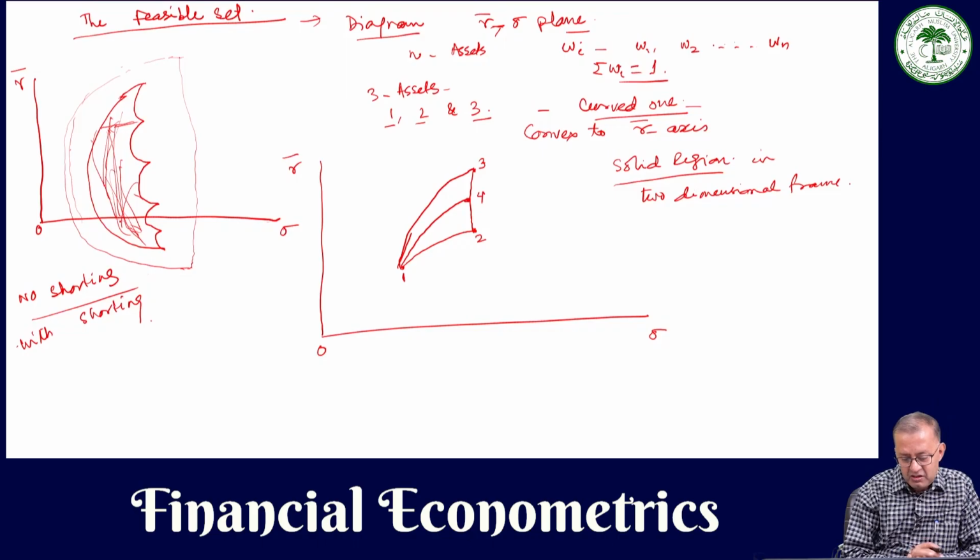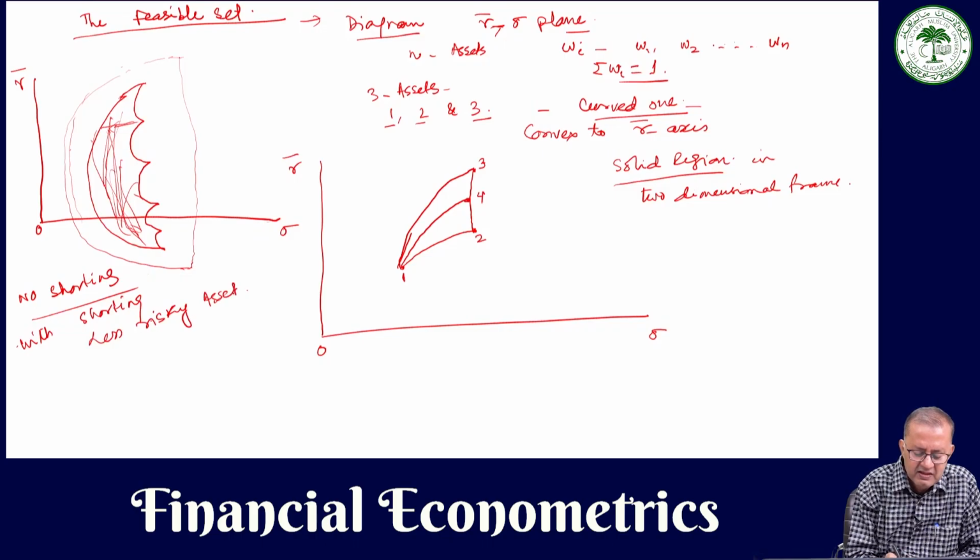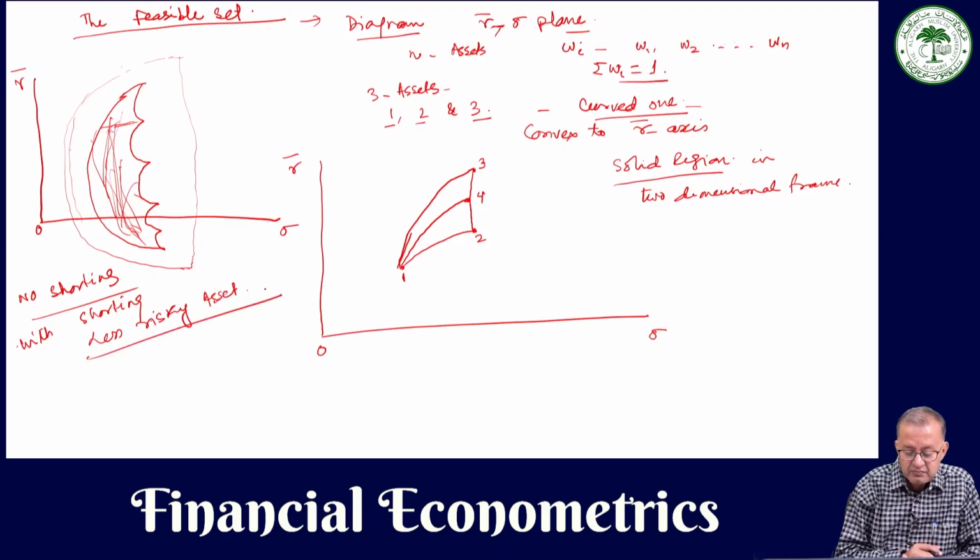So the investor will try to invest in less risky assets. Clear? They try to invest in less risky assets. So this is called a feasible set.